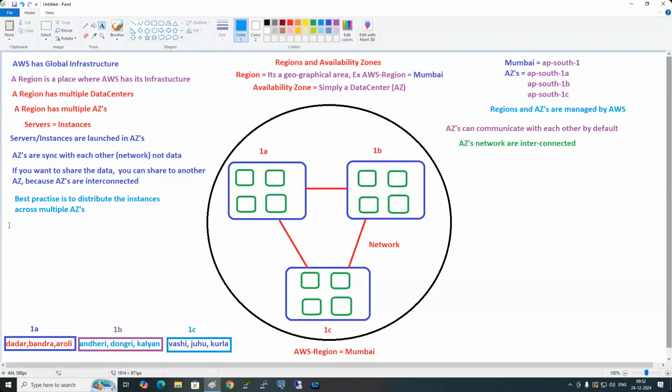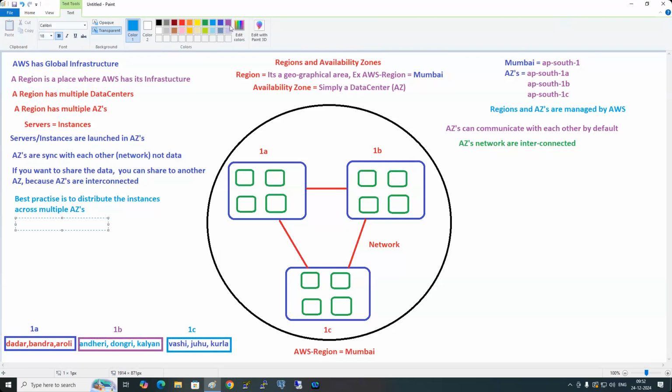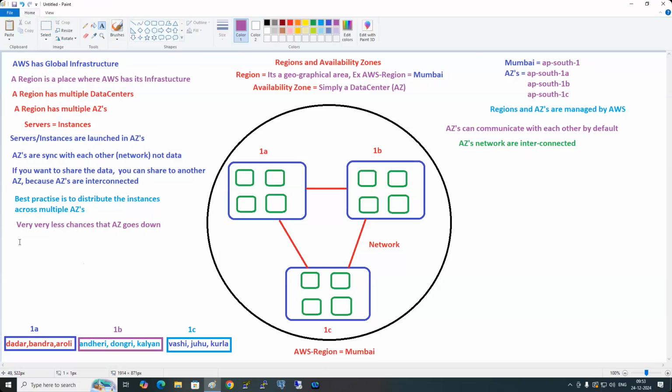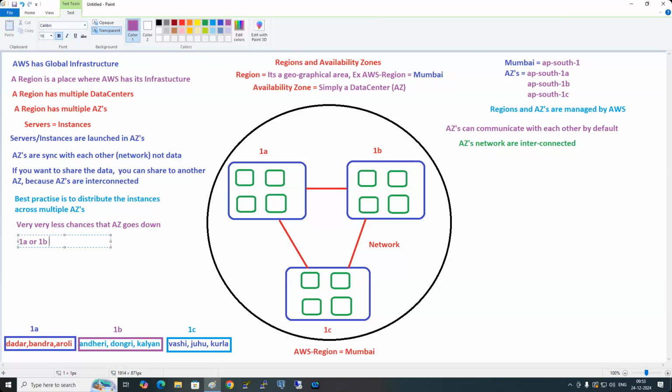Answer is no. So I'm writing here that there are very, very less chances that an availability zone goes down. Now 1A, 1B, 1C, those are groups of data centers or not? 1A, 1B or 1C are groups of data centers. Nice.